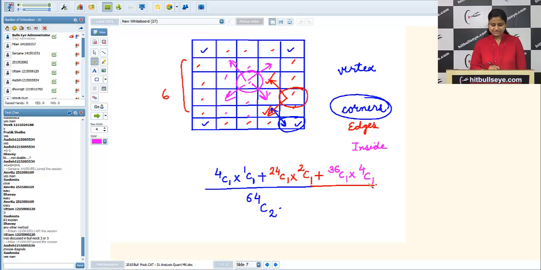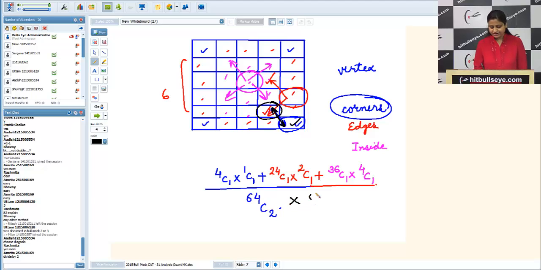But as you can see, every combination is counted twice. With a corner, you took this. And with the inside square, you took a corner. That's why we are dividing it by 2. That was the main problem. That is a mistake we normally make in chessboard questions. Divided by 2. That is the whole thing.